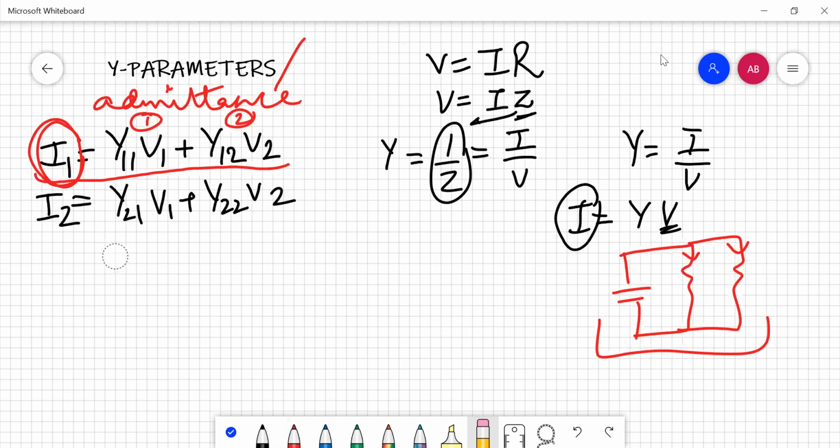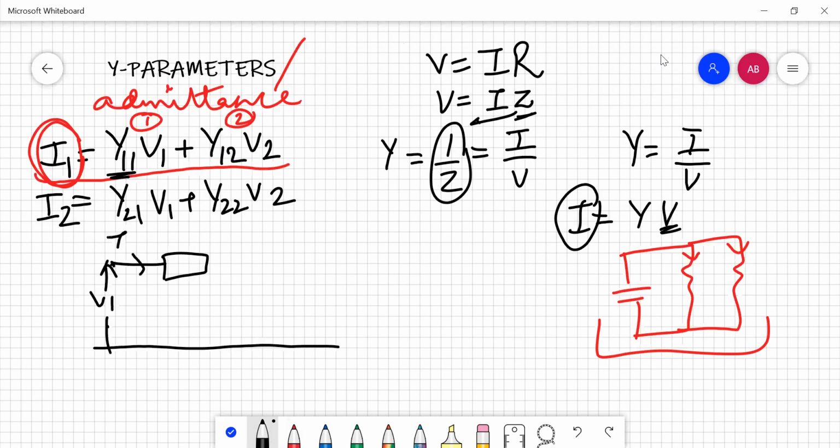So here just see that this Y11 is related to your V1 as well as your I1. So this is not dependent on anything, but what about this variable? This input side current is now dependent on the output side voltage. So again, that makes it a diamond shaped symbol with current in it.